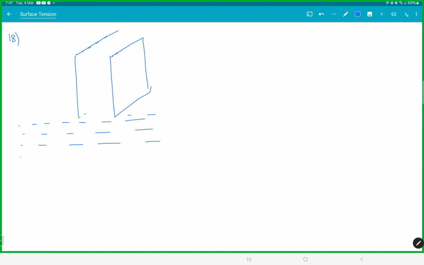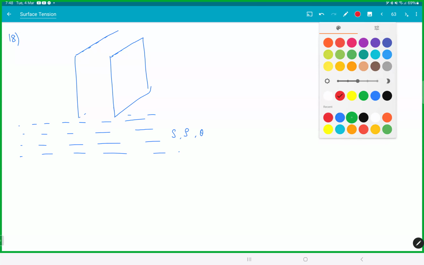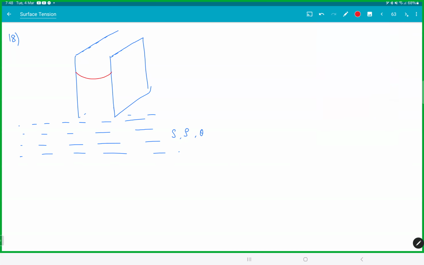So if two parallel plates are placed on a liquid surface, surface tension is S, contact angle theta. So what will happen? The liquid actually goes like this. Instead of forming a spherical shape, it would form something like this.